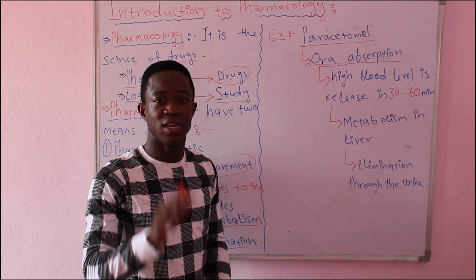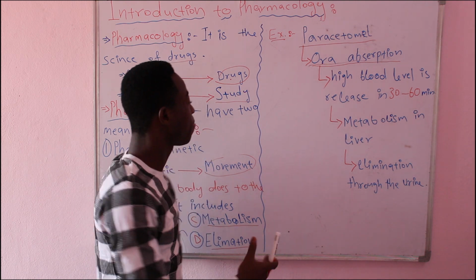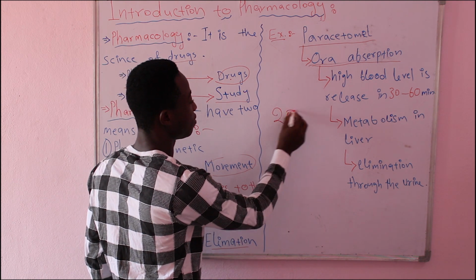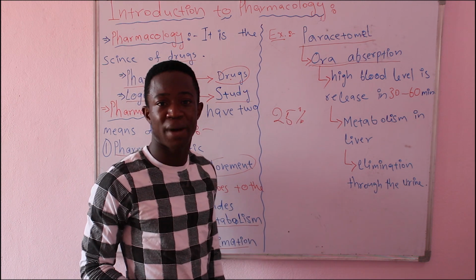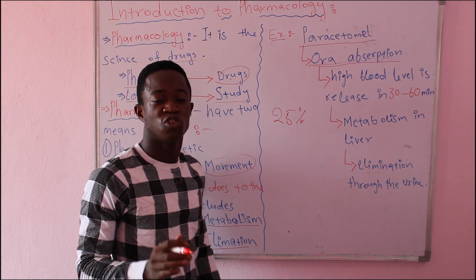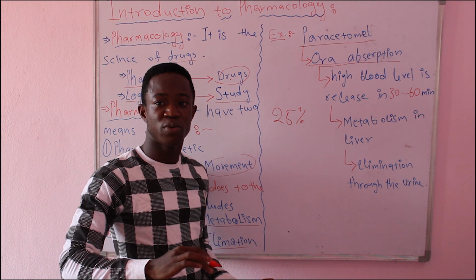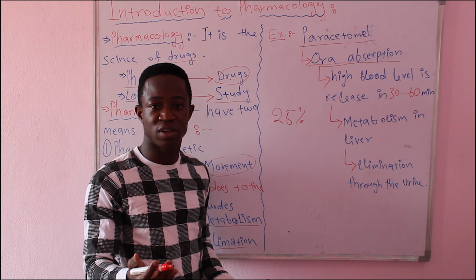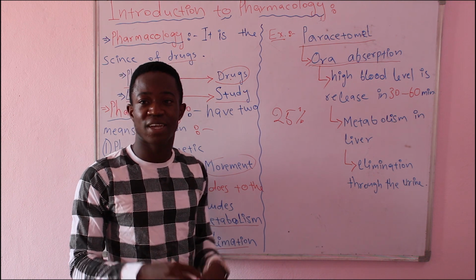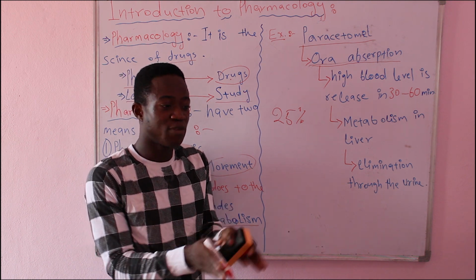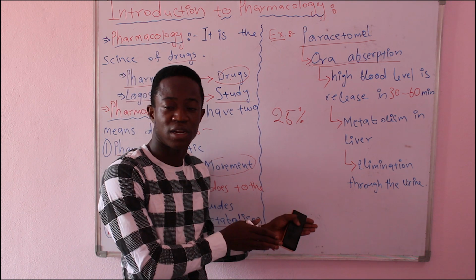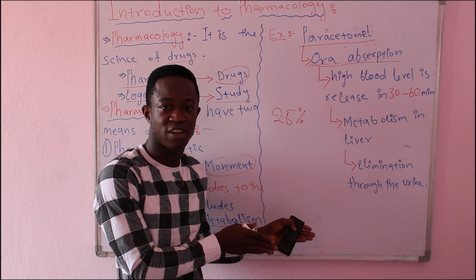Now when the drug is taken orally, 25% is going to bind with proteins. Not all of the drug will reach the bloodstream. Some will bind with proteins and will not reach metabolism, because only the drug that is in the free form will reach metabolism, that is the liver aspect.